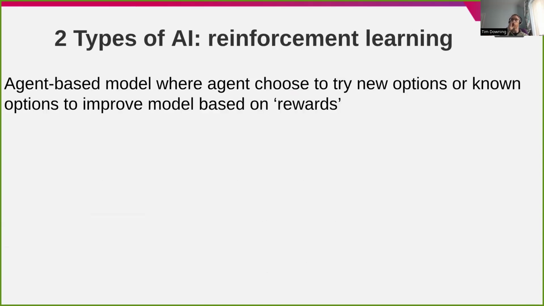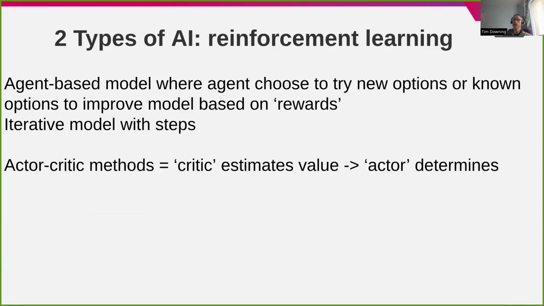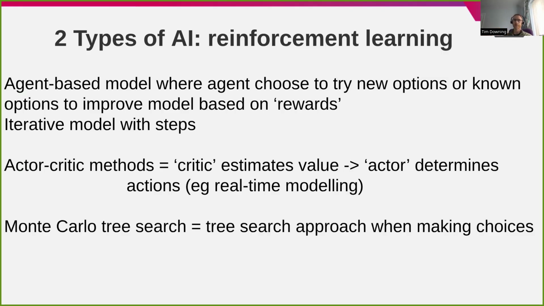And we also mentioned reinforcement learning at the start, where we have an agent that tries to improve the model based on the level of rewards that are present. It's an iterative model with steps, similar to actor-critic models, where you estimate a value and determine whether you should try to complete an existing task or take a new option.